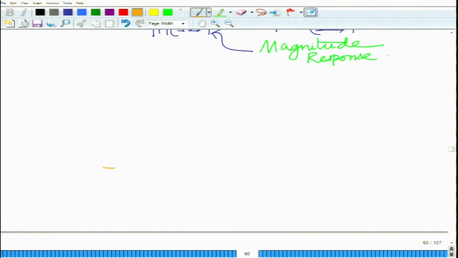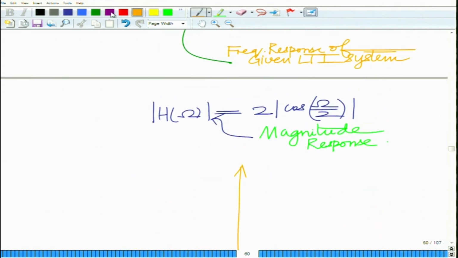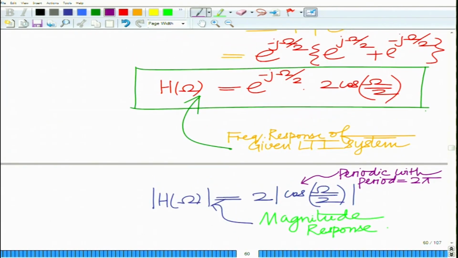In fact, it is very interesting, and of course, you can see it is symmetric, it is periodic. Remember, every DTFT has to satisfy the property that it has to be periodic with period 2 pi. So, this is periodic with period equals 2 pi, correct. If you look at cosine omega, it will be periodic with period equals 2 pi.